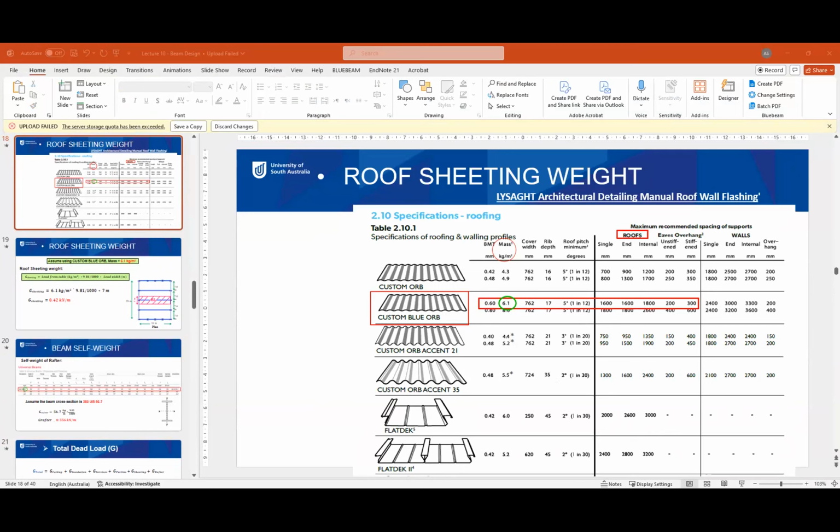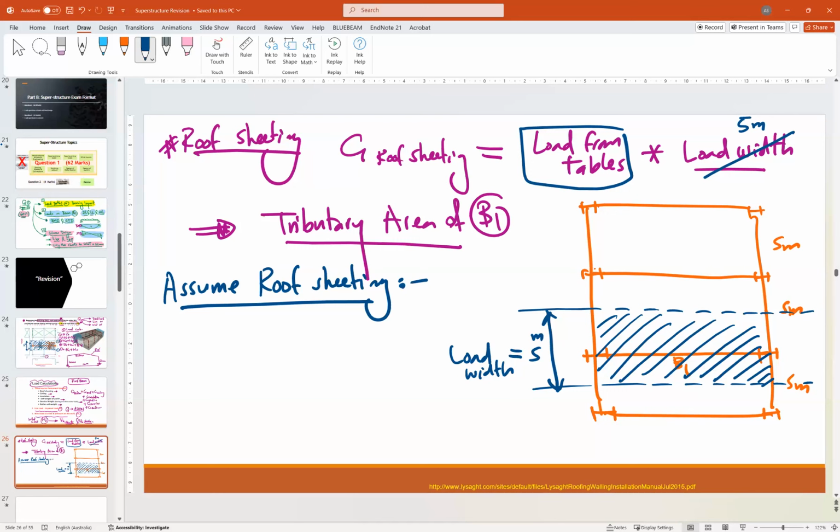If it is not given to you, it's up to you. If it is given, you need to use what is given. So this is an example of not given data. So I assume roof sheeting, custom ORB Ascent 35.